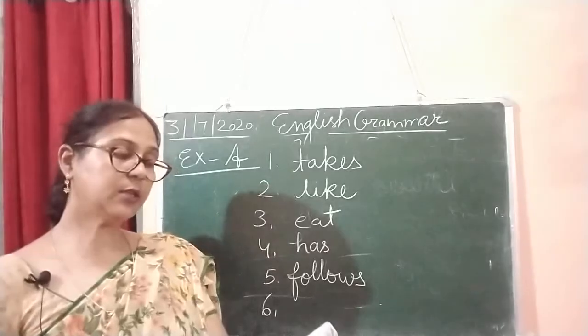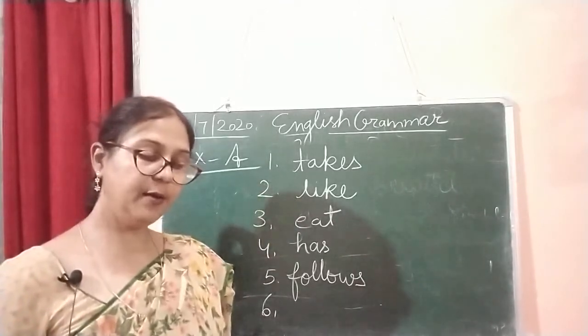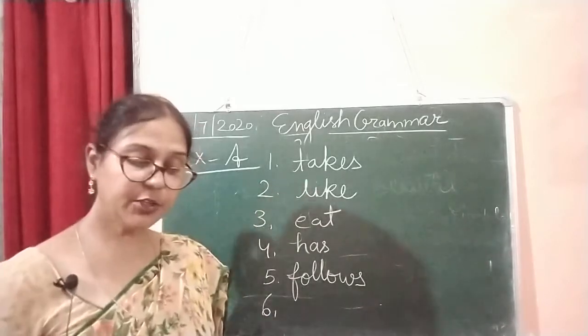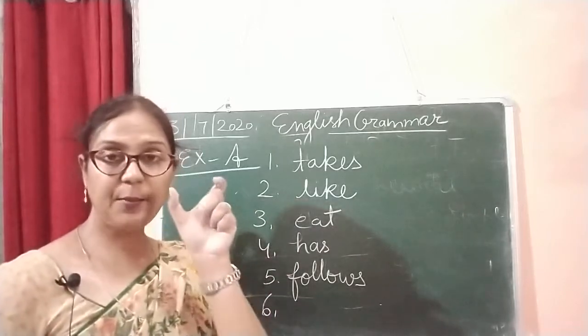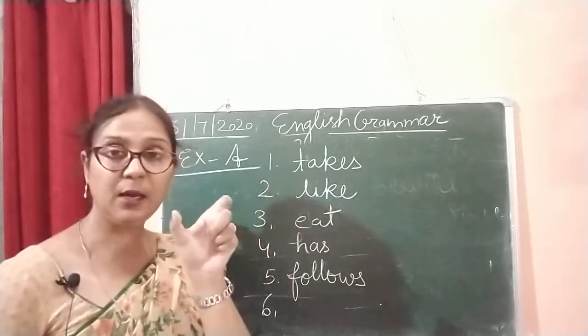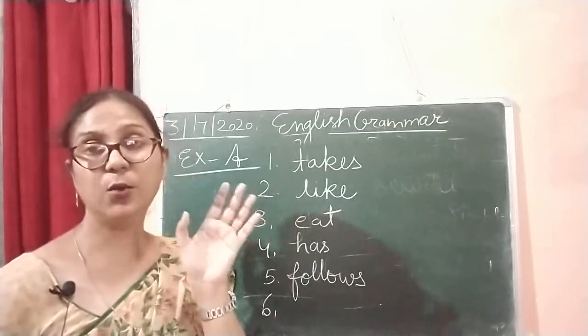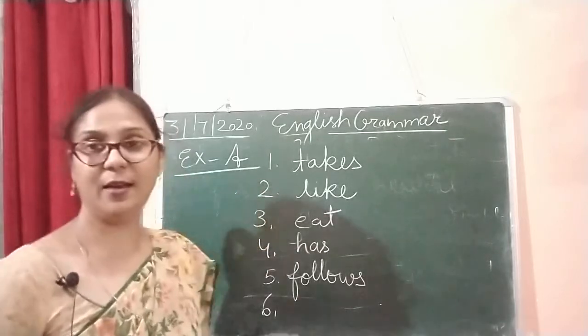Six, books dash a storehouse of knowledge. In the bracket, it is given be. So we have to use be over here. We are going to use books because it is plural. So we are going to use are.